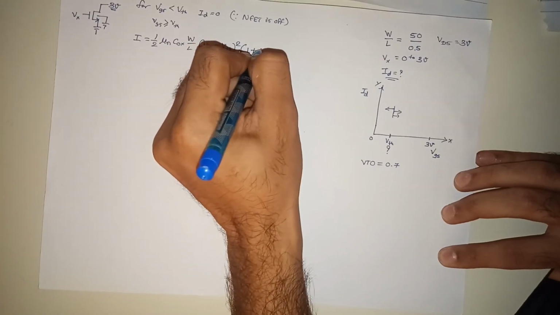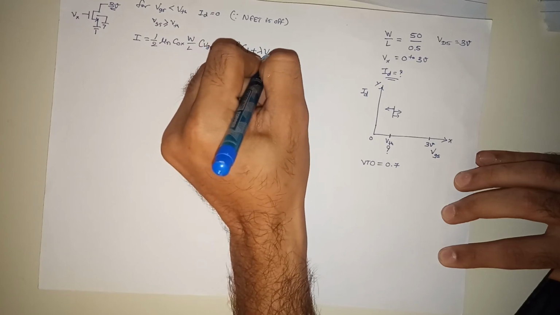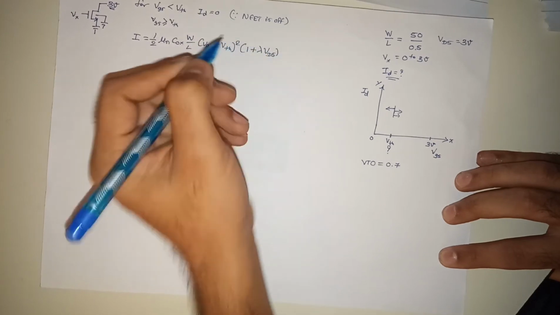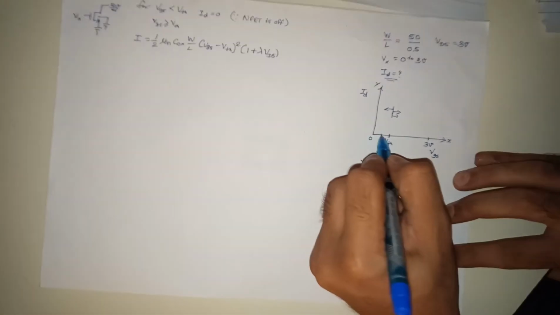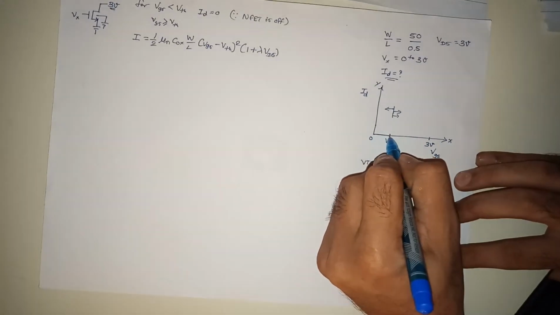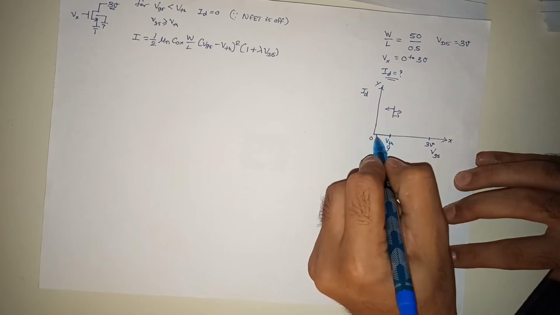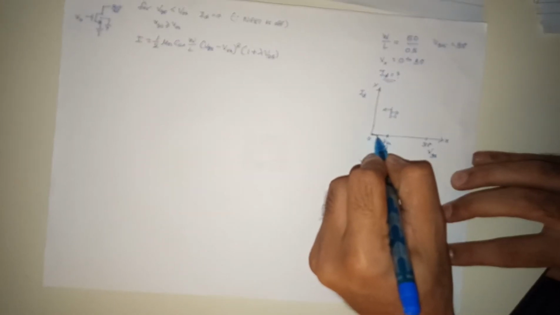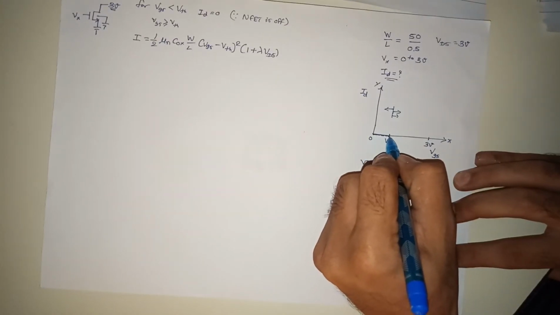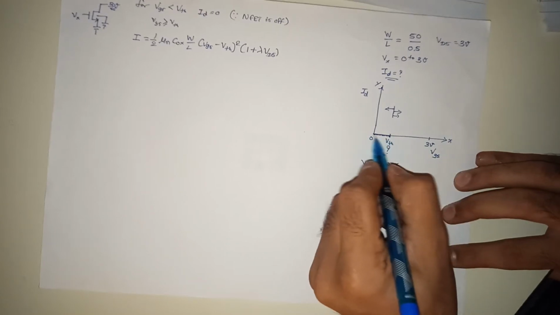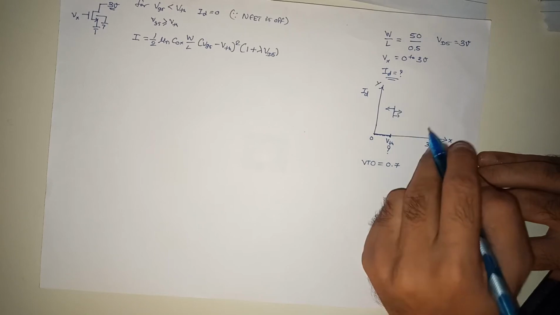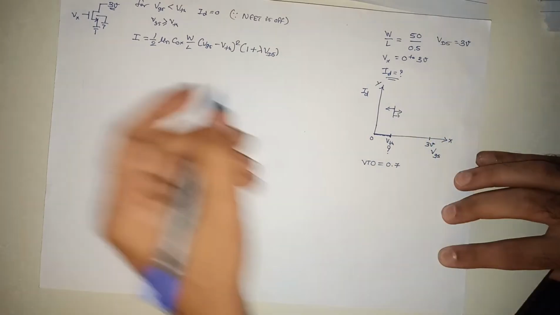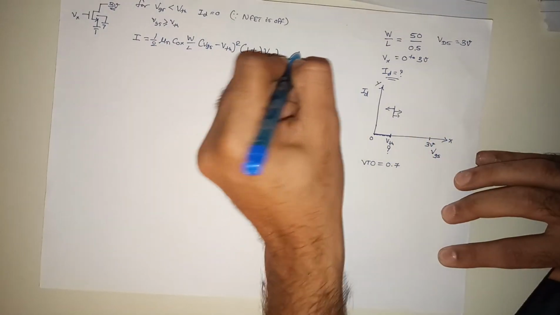We are considering channel length modulation also here, so it will be (1 plus lambda VDS). Okay, so I can draw here, that is like this one from 0 to up to this point. This is ID. I want the other value of ID here up to 3 volt. Okay, that value will follow this equation.